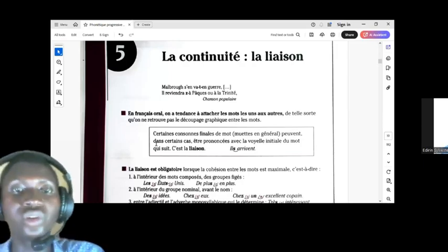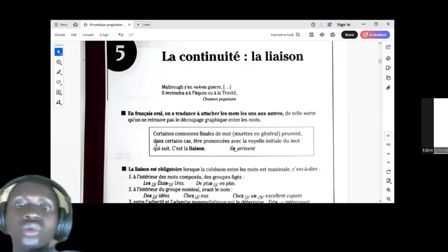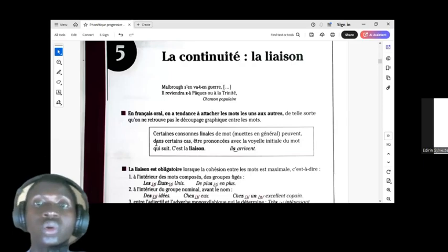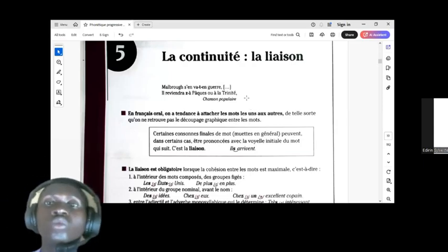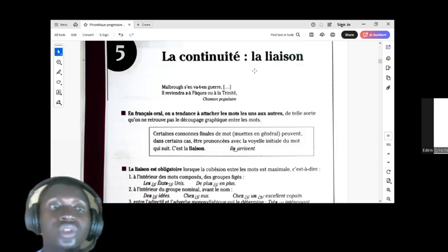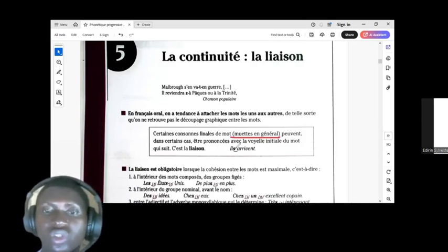Now, you have: en français oral, on a tendance à attacher les mots les uns aux autres. That's what we know already. We always want to link one word to the other, of course. But for liaison, certaines consonnes finales de mots muettes en général, take note of this, muette en général, peuvent dans certains cas être prononcées avec la voyelle initiale du mot qui suit.